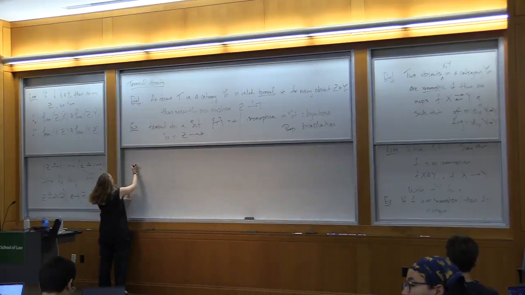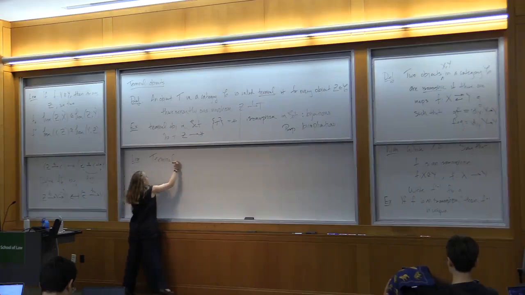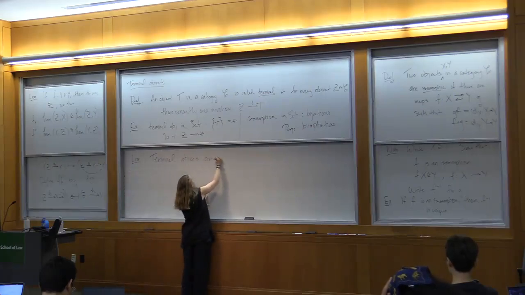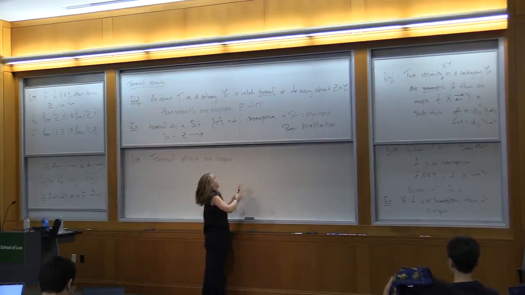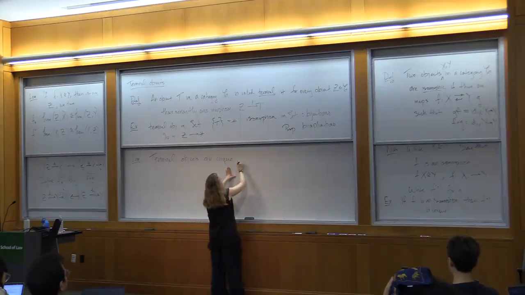Terminal objects are unique up to isomorphism. Actually, I'm going to prove something stronger, which is true: that terminal objects are unique up to unique isomorphism.